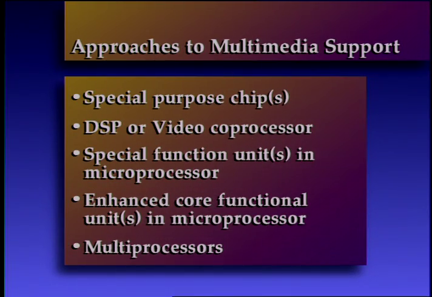An alternative approach to the use of a special-purpose chip is the use of a digital signal processor or a video processor. A digital signal processor, or DSP, can be programmed to perform many signal processing functions, like audio and modem processing. Real-time MPEG video processing would require a very high-end DSP, or more likely, a sophisticated video processor.